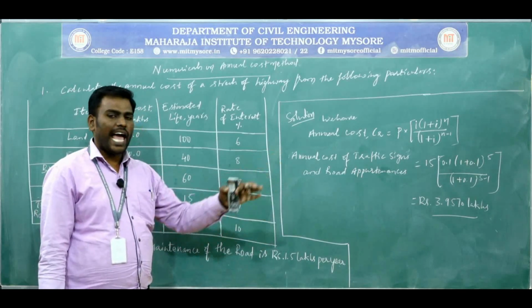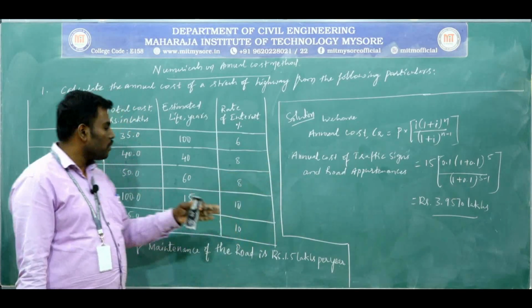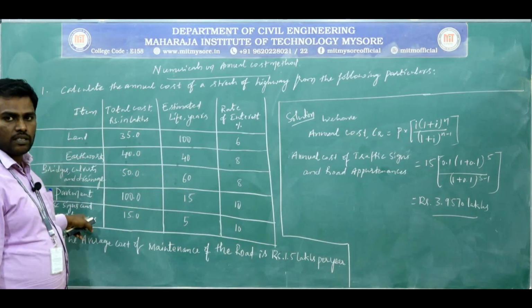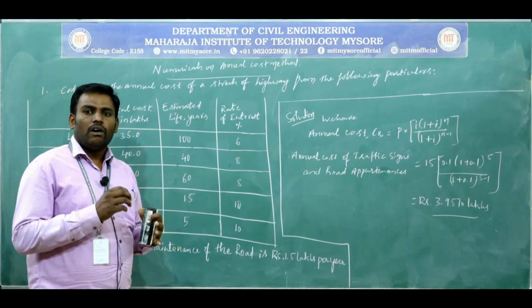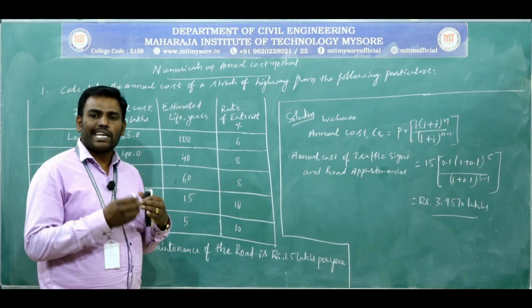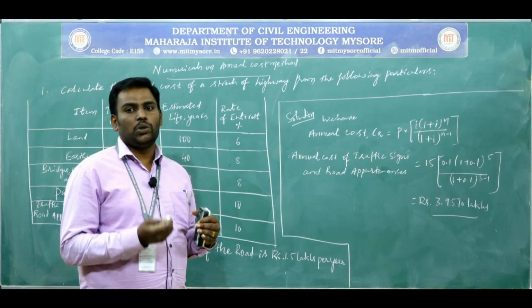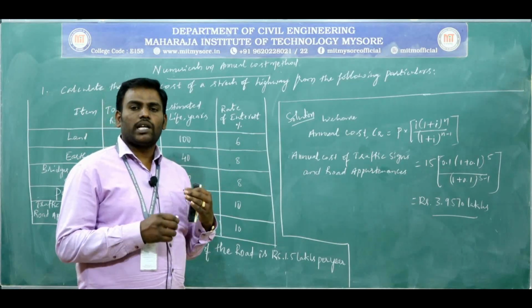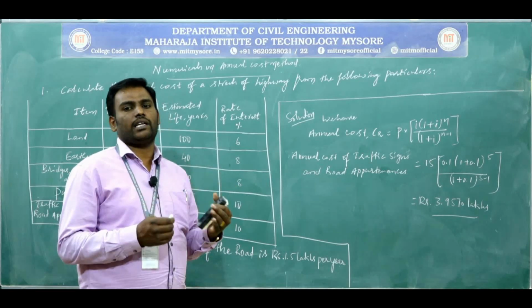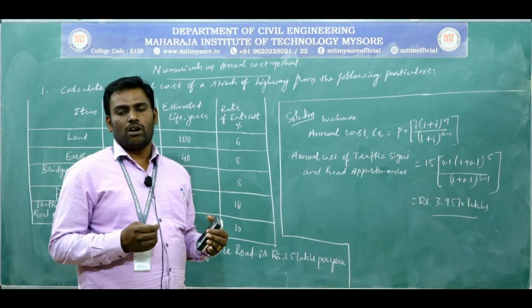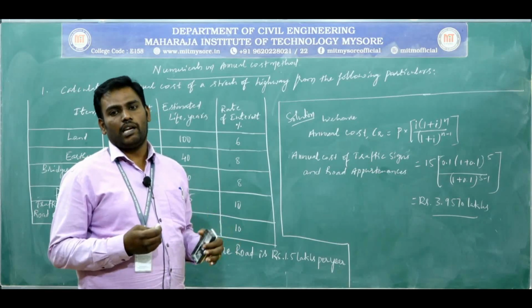These are the annual costs of all the 5 items from land to traffic signs and road appurtenances. Is it clear? For each item we have to calculate the annual cost individually. Then the total annual cost will be the sum for all the items along with the average maintenance cost.